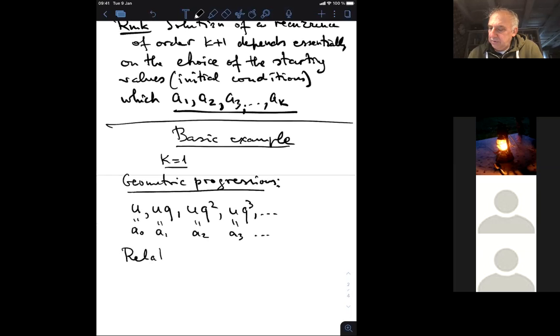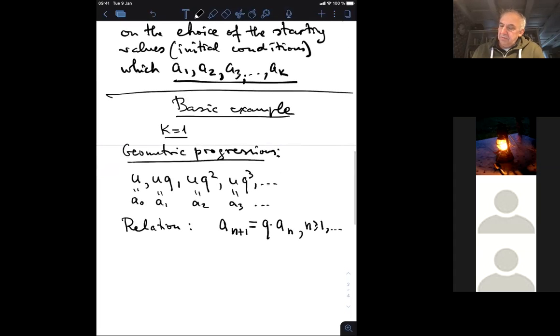A simple relation would be that a(n+1), the next entry, would be just q, a given fixed number, times the previous one. And this works for all n bigger or equal than 1. So A1 is A0 times q, A2 is A1 times q, and so on.